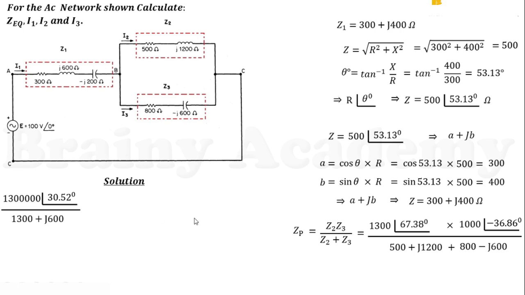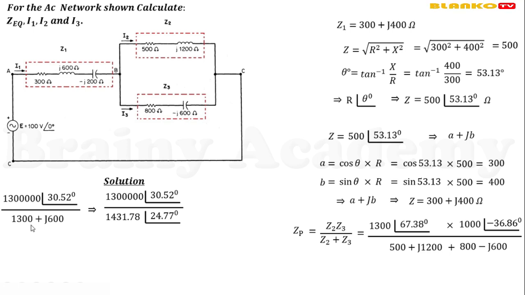Before we can divide 1.3 million angle 30.52 degrees by 1300 plus j600, we have to first convert 1300 plus j600 into polar, because the numerator is in polar form. That gives us 1.3 million angle 30.52 degrees over 1431.78 angle 24.77 degrees.